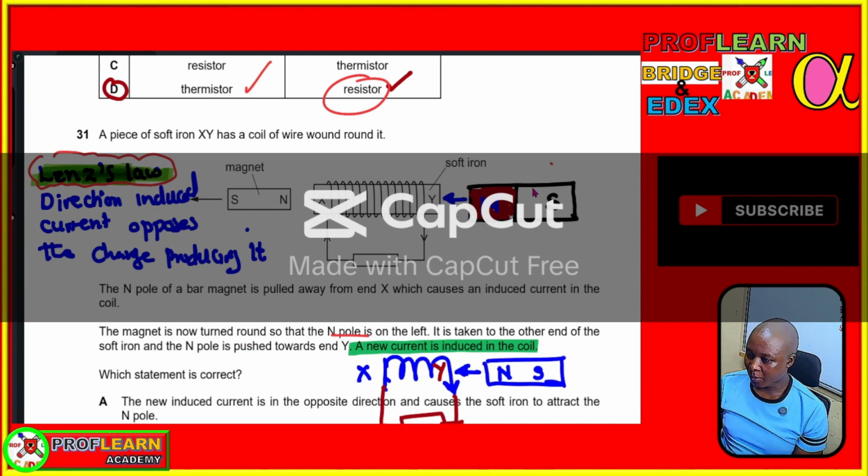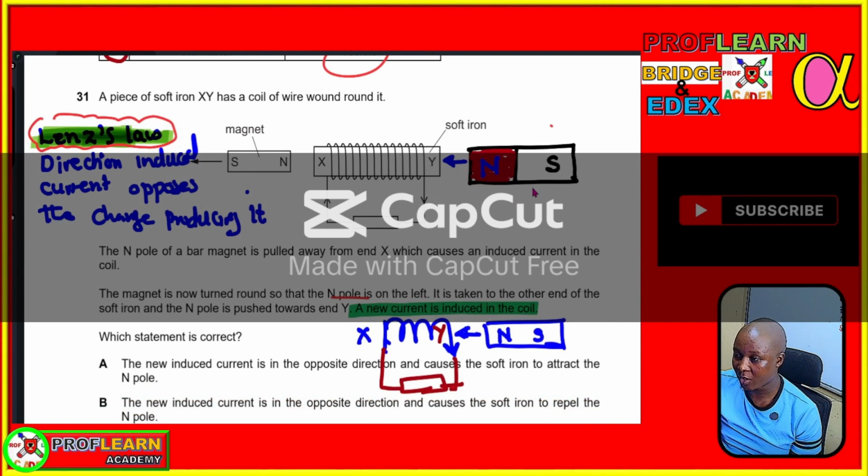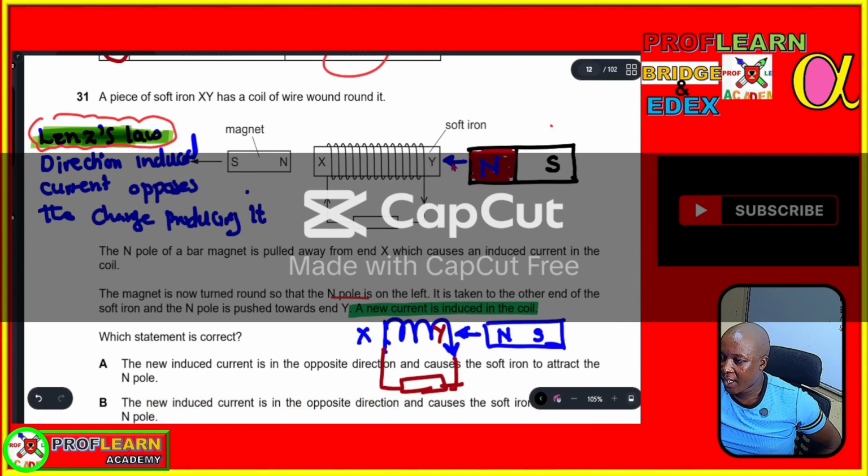Then it's brought to Y and pushed through the solenoid, and a new current is going to be induced. Something you need to remember: if there is a current induced, the induced current acts in such a way that it opposes the change causing it.